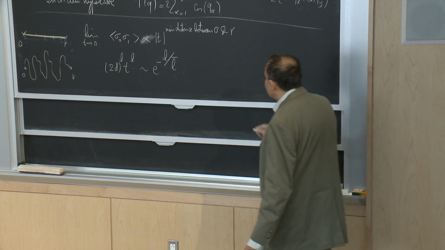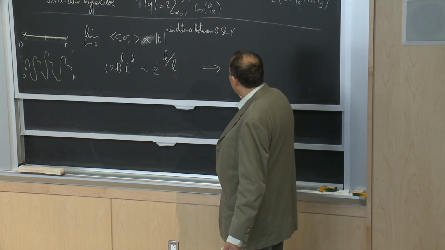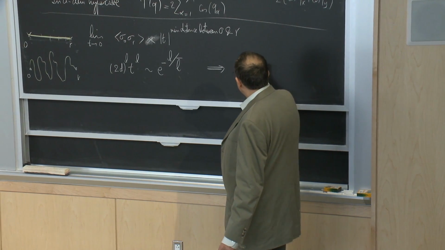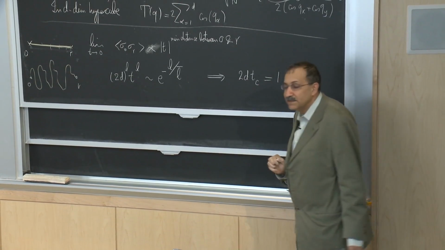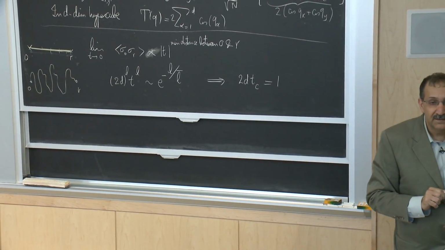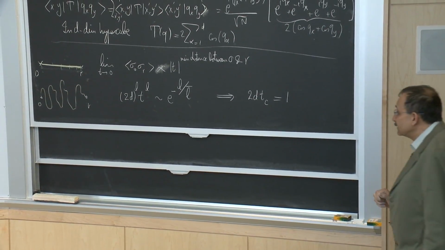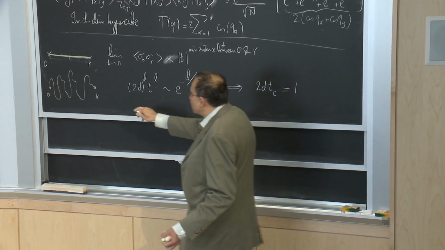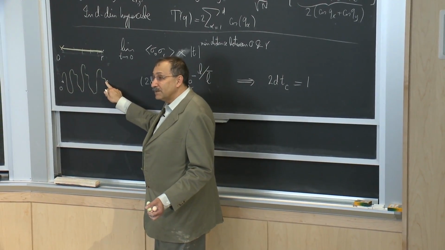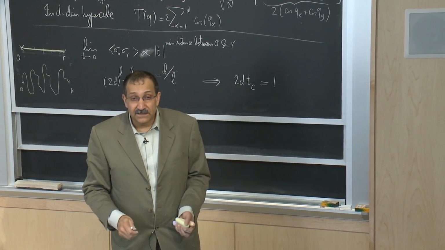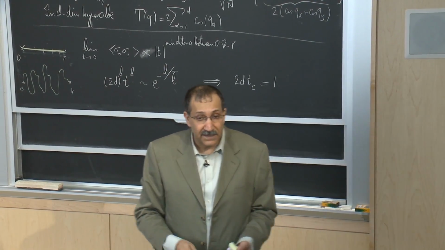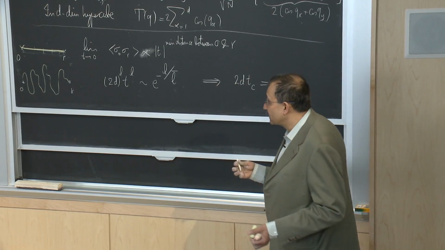So you can see that something strange has to happen at a value where tc is such that 2dtc is equal to 1. At that point, the cost of making your paths longer is more than made up by the increase in the number of paths that you can have. The entropy starts to win.